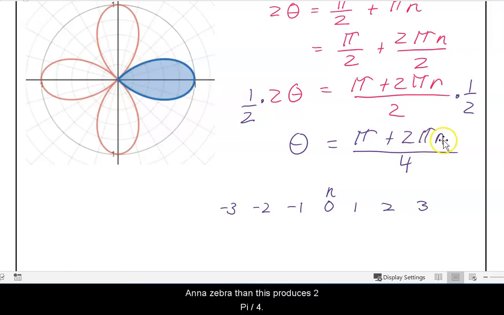If n is 0, then this reduces to pi divided by 4. When n is equal to 1, this would be pi divided by 4 plus 2 pi divided by 4, or this would be 3 pi over 4.